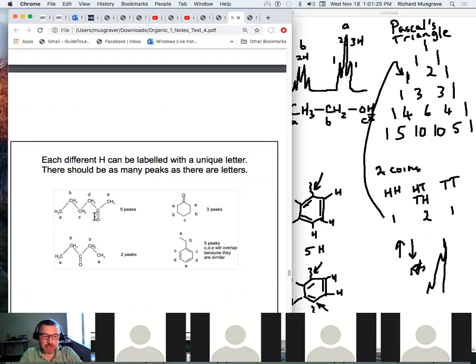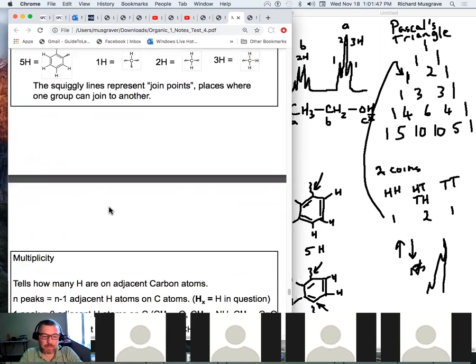Well, the implication there is that the C double bond O can be in the compound, but obviously you don't know it's there because you don't see it in the spectrum, since there are no hydrogens on it. So there's got to be a way for us to figure out if the C double bond O is present, but we can't do that just by looking at the spectrum by itself.